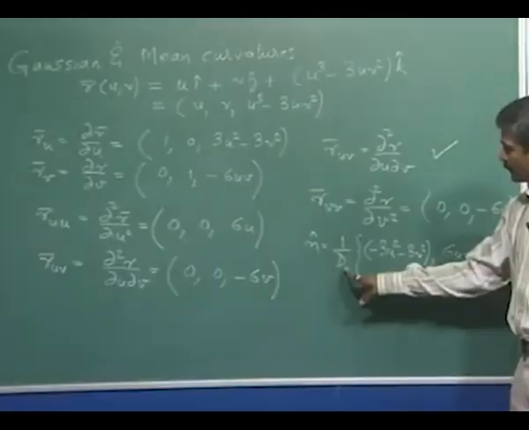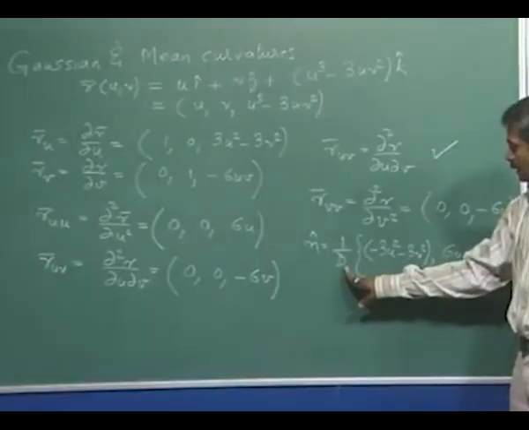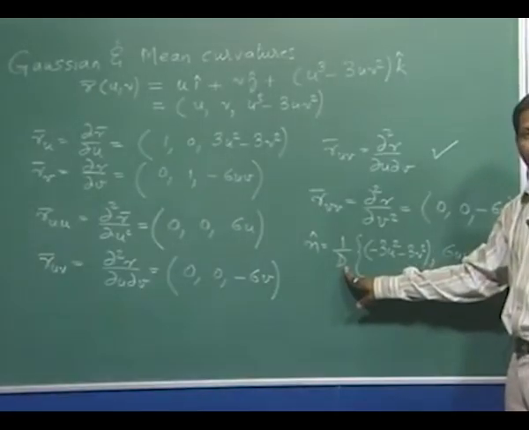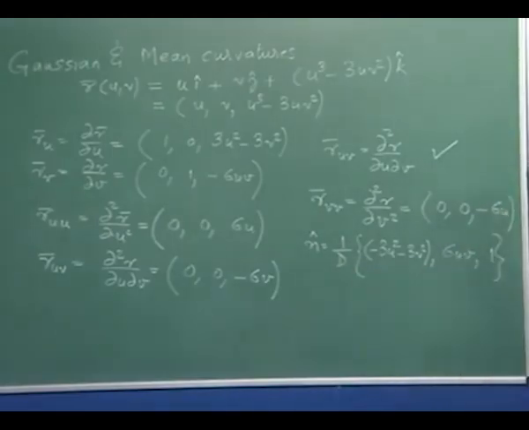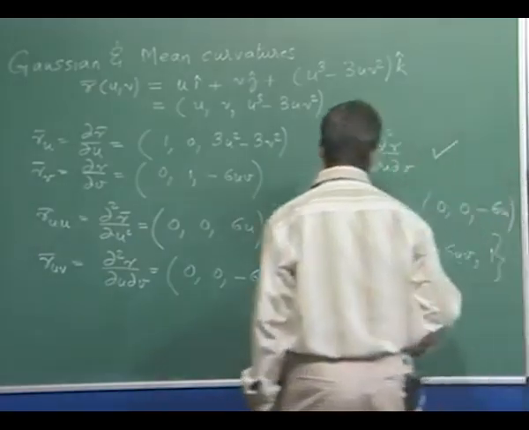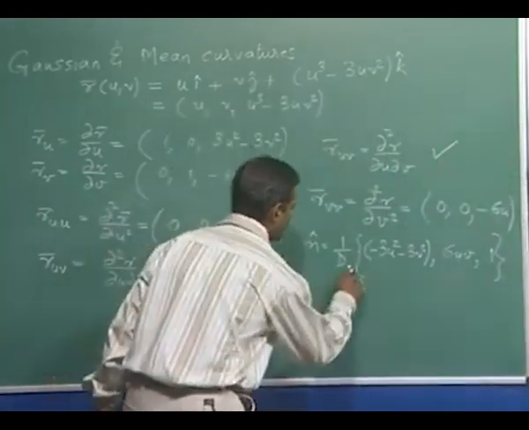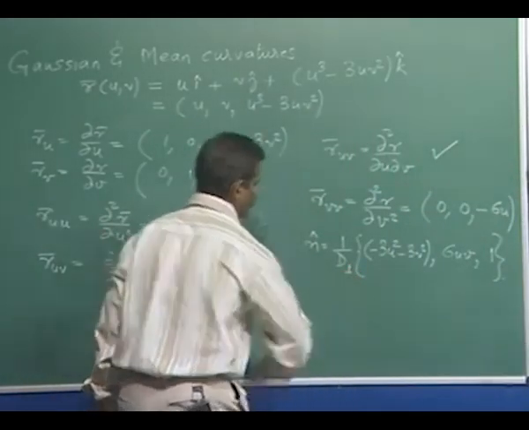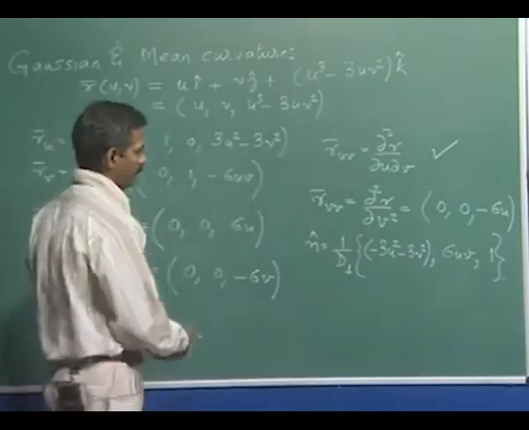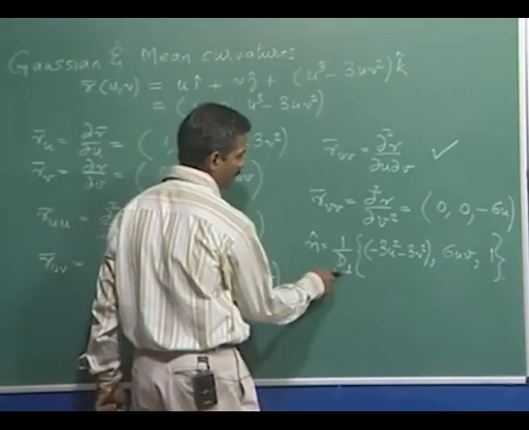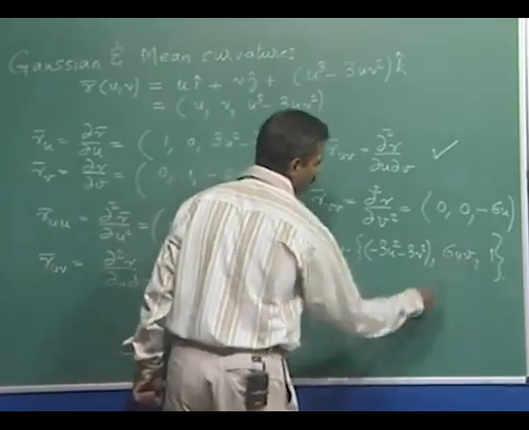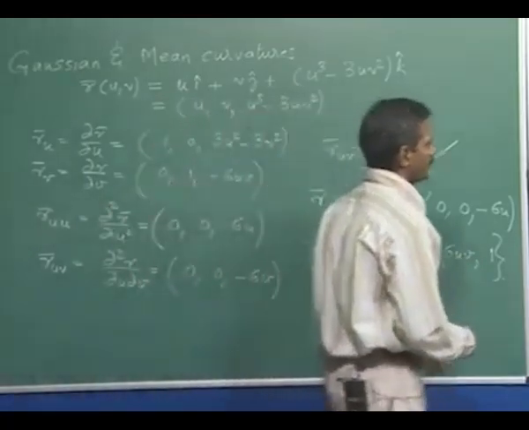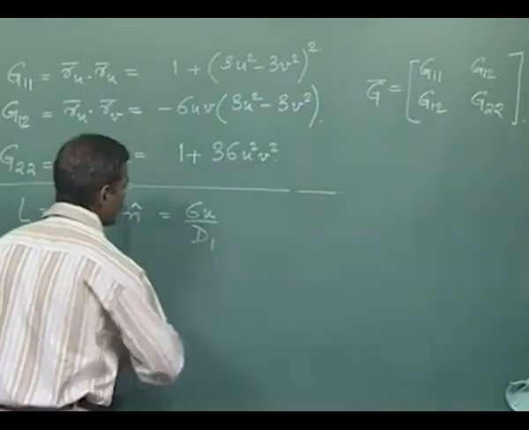Let us not confuse this symbol d with the second fundamental matrix itself. Let me change that symbol and call d as D1, just to signify that D1 is nothing but the absolute value of this vector. So we have D1 here.